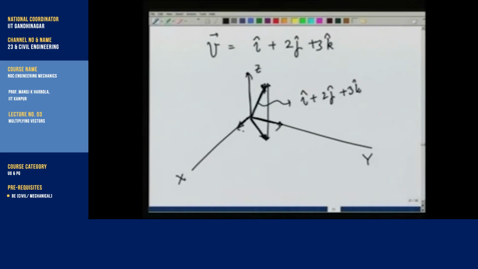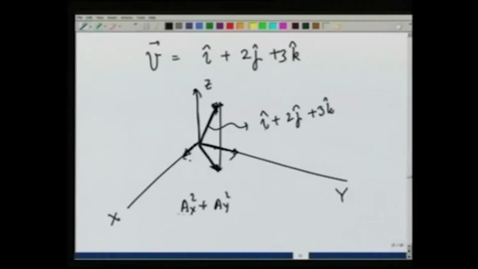How about the magnitude of this vector? You can see that I can first add these two, get the magnitude of this, that would be square root of a x square plus a y square, and then again add a perpendicular vector to it, which will be a z.